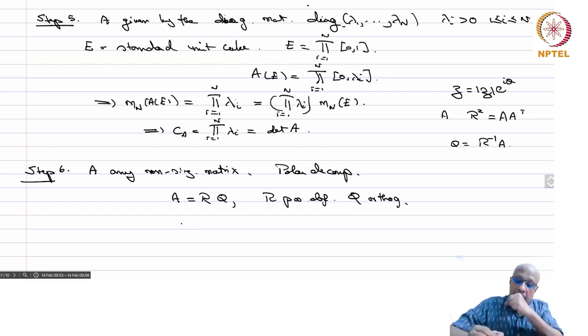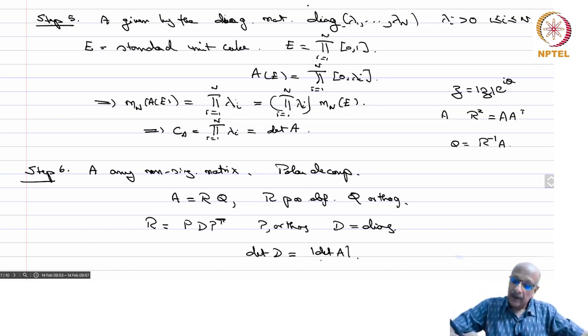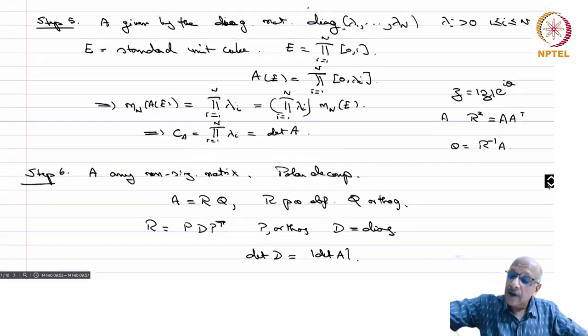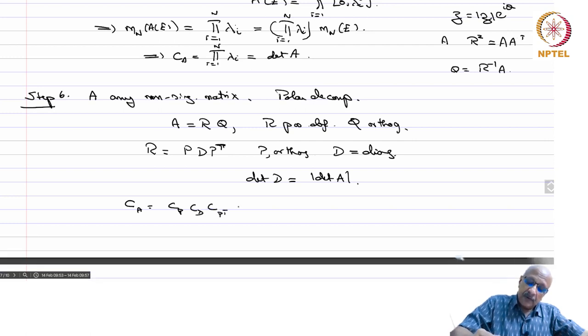R itself is positive definite, therefore you can write this as P D P inverse, or rather P D P transpose, P orthogonal, and D diagonal, and the determinant of D is the determinant of R, and that is nothing but the modulus of determinant of A. And now you have CA equal to Cp, Cd, Cp transpose, Cq.